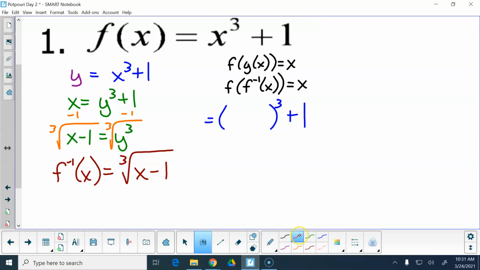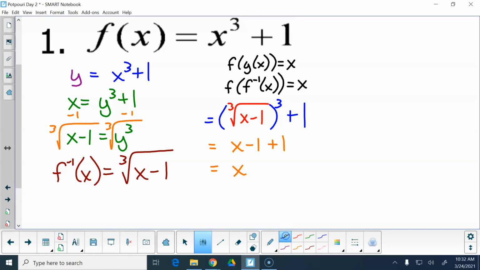So I would be putting in the cube root of x minus 1. Cube root cubed makes the radical go away. So then this just becomes x minus 1, then plus 1, which is x. So that one is verified.